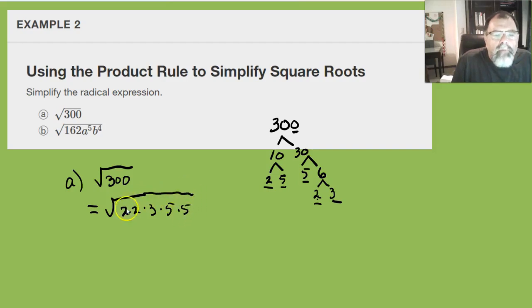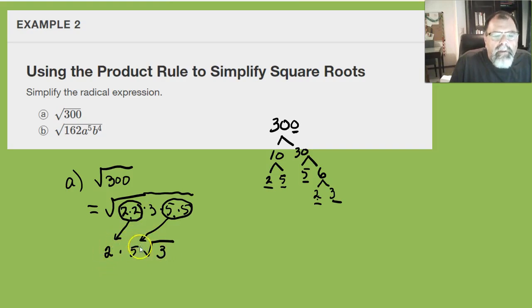And remember, I'm looking for pairs. I'm looking for perfect squares. So that's the square root of 4, which is 2. That's the square root of 25, which is 5. So 2 2's inside make 1 2 outside. 2 5's inside make 1 5 outside. And then I'm left with the 3 on the inside.